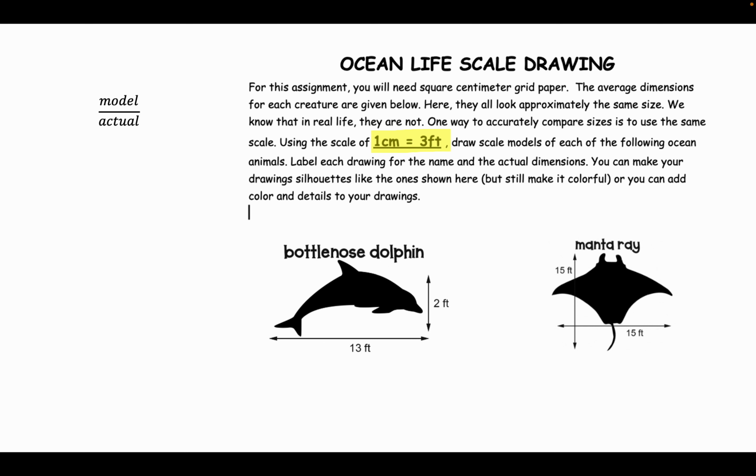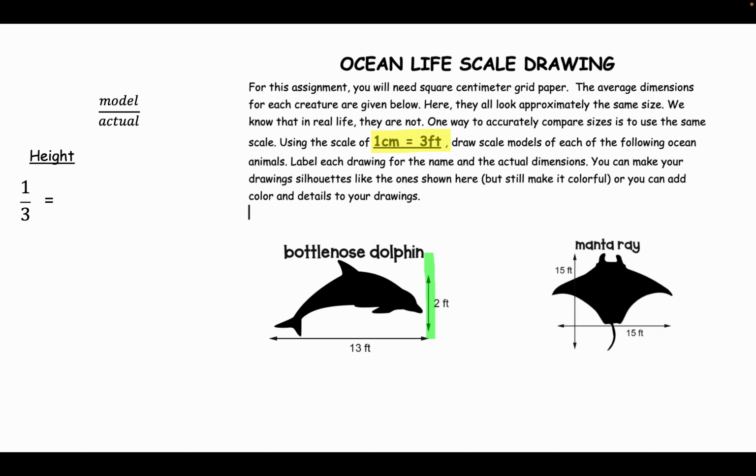In order to come up with this, we need to set up two different proportions. One proportion is going to be for the height. We know that our scale is 1 to 3, and we know that the height of the dolphin is 2 feet. So we take our 1 over 3, that's our scale ratio, and set it equal to our model.